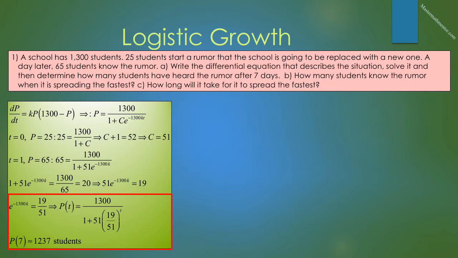To find how many students know the rumor after 7 days, we simply plug in 7 to that equation and we get 1,237 students.